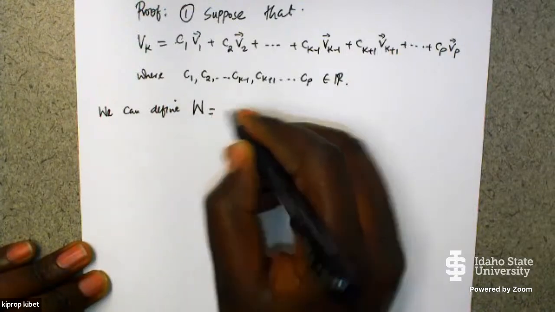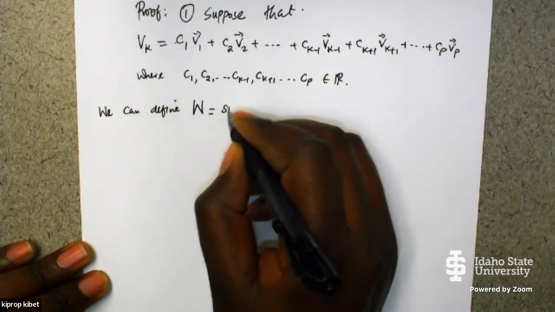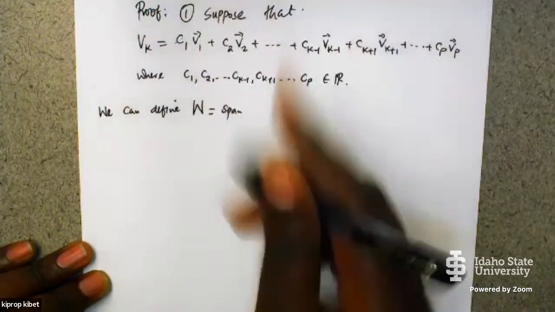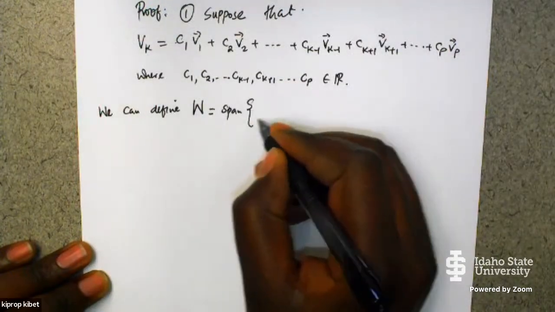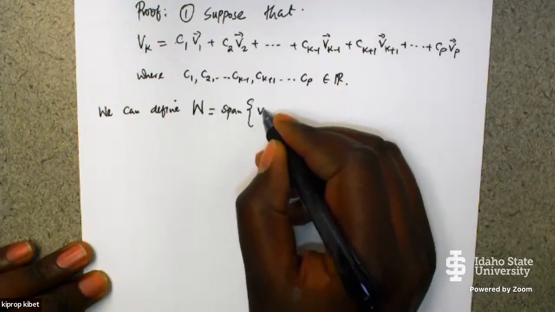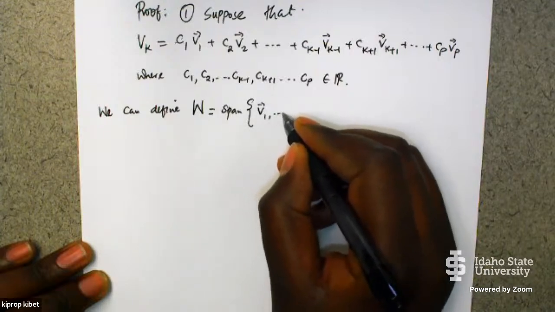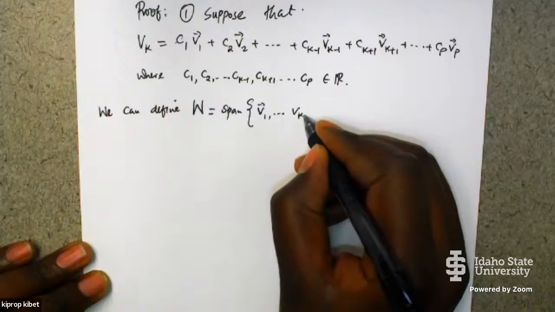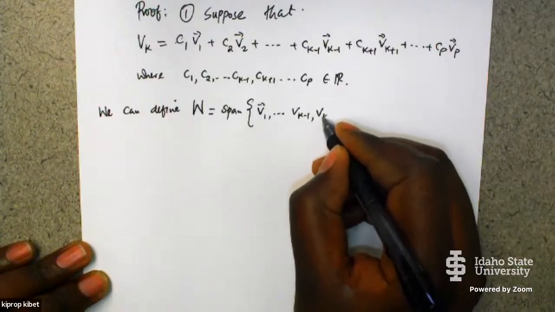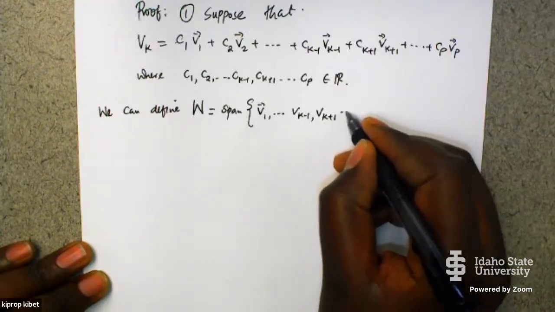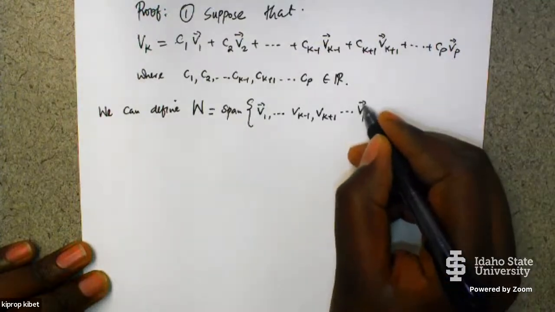Then we can define W to be the span of the vectors V1 all the way to Vk minus 1, Vk plus 1, all the way to Vp.